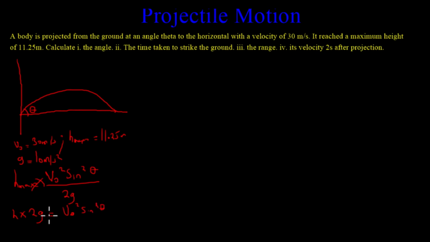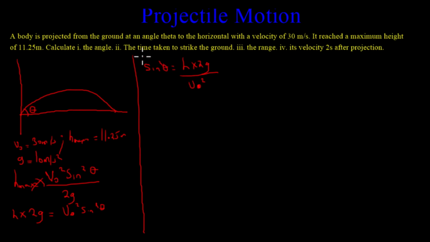Now we're trying to make theta the subject of the formula, so we divide both sides by V naught squared. So sine squared theta will simply be equal to H times 2g divided by V naught squared.